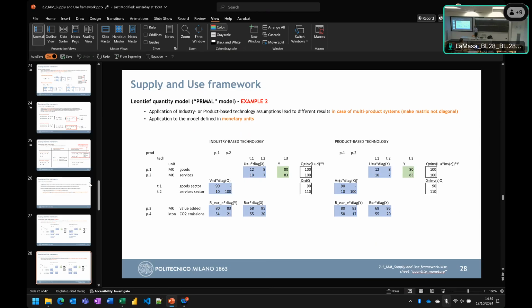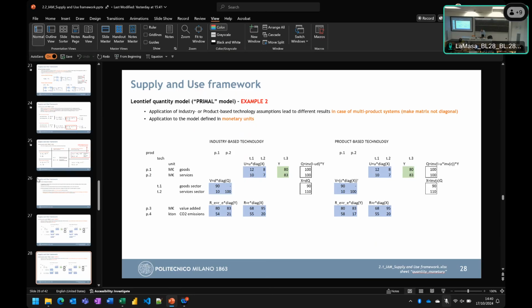And this complicates the interpretation of the results a lot, because we have a very complex metabolism, even if we just have 2 sectors, 2 products. It's not easy to comment and to have an idea about the final results in terms of impact. So it's really important that you start by playing with such super simplified examples in order to understand how the model behaves.